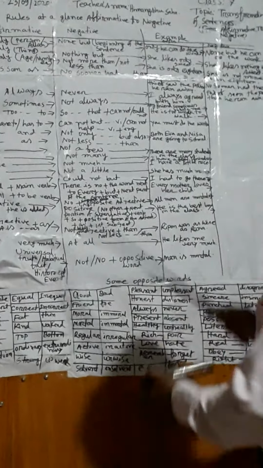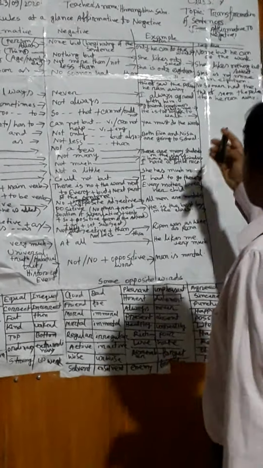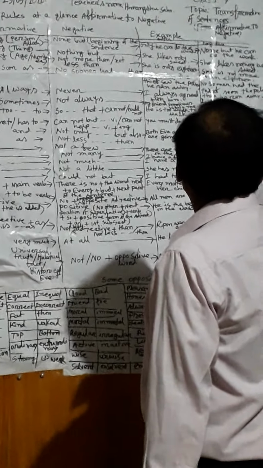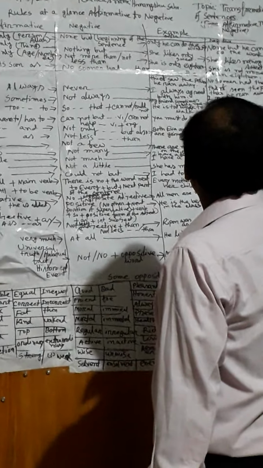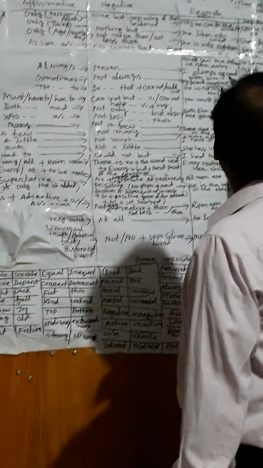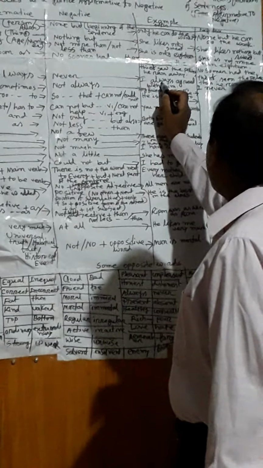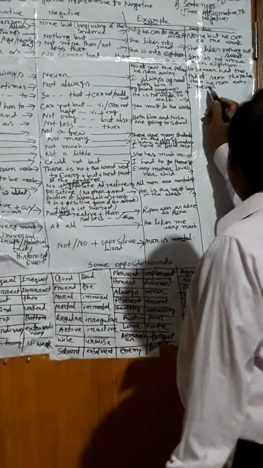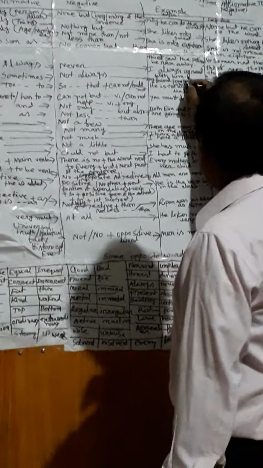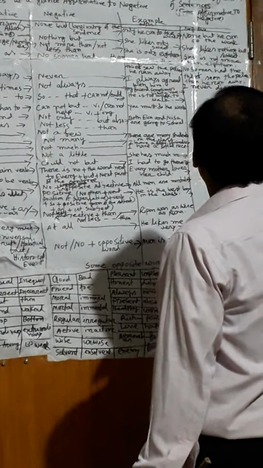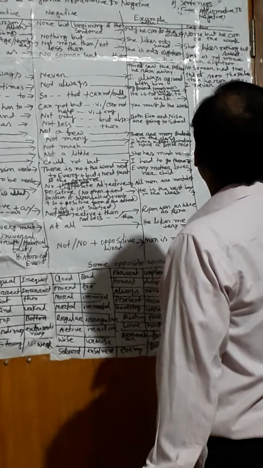So the answer will be "I never..." Here I have used never instead of always. I never, and the opposite word of agreed is disagreed, with him.